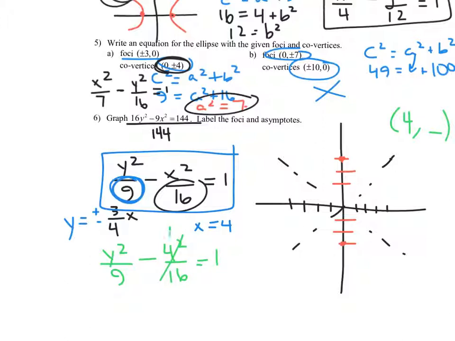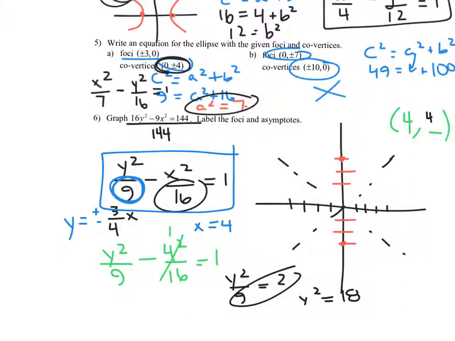So this is going to be 1. So I'm going to add 1 to each side. So it's going to be y squared over 9 equals 1 plus 1 is 2, times both sides by 9. So I get y squared equals 18. And then on my calculator, I take the square root of 18, which is about 4.2.